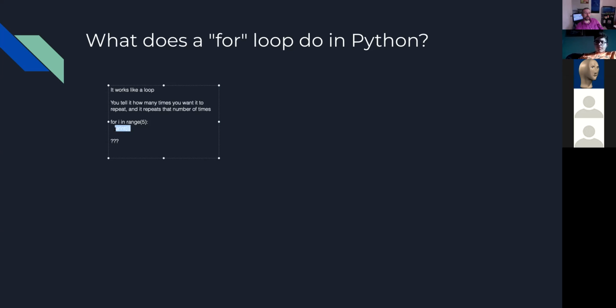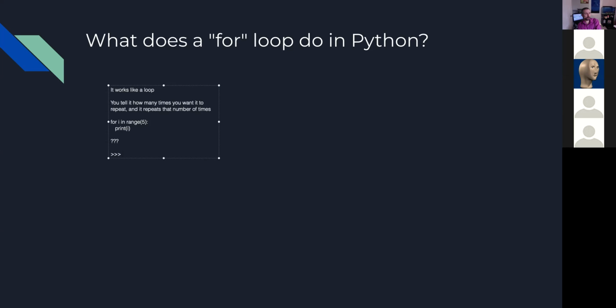So if we do print I on this for I in range, the question is, what is it going to print every time? So this first time through the loop, what will I start at?